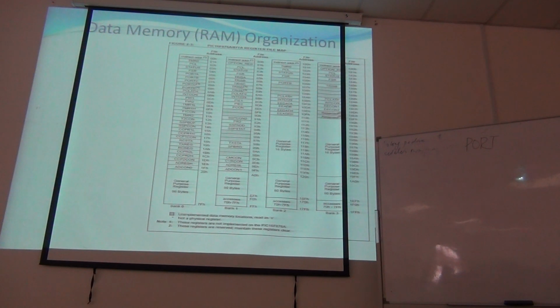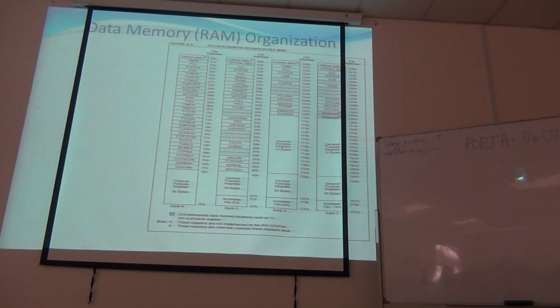So you have TRIS, and we have PORT. When I say port, there may be two meanings. One is that port A is a port, the name of the port. But when I ask you to do the port command, that is another thing. Port command means, if PORTA is equivalent to 0B00000000, what does it mean?